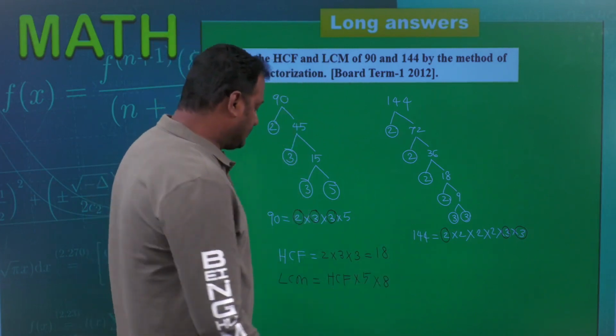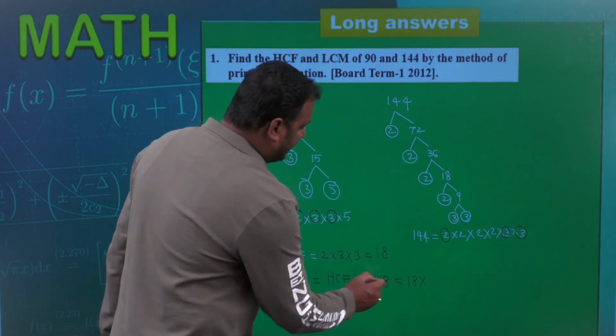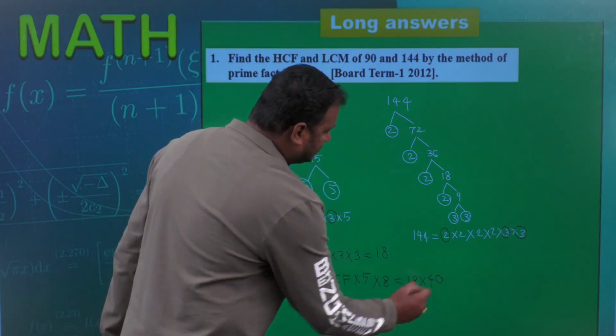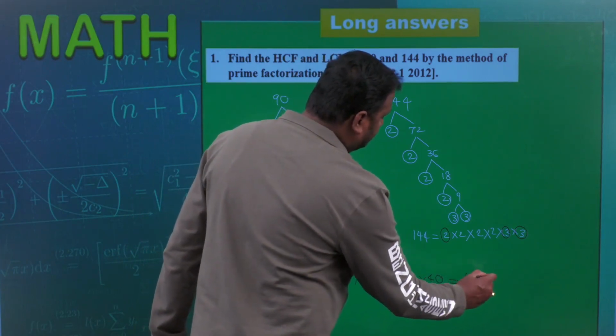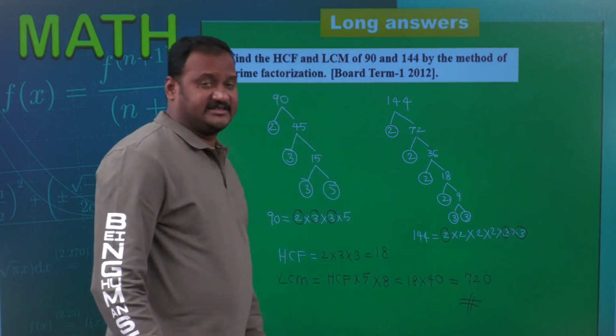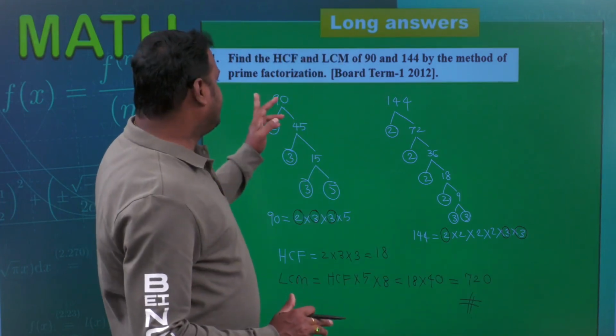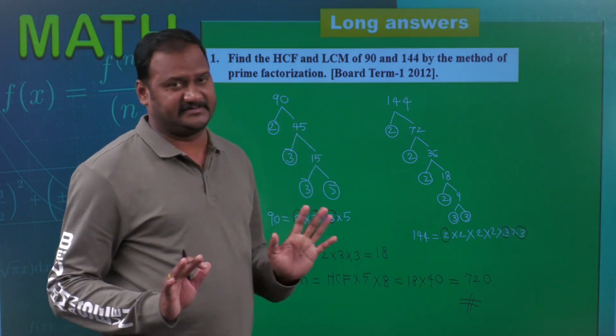Got it? So now LCM is equal to 18 into 5 8s are 40. So that 18 into 40 is equal to 18 4s are 72 and then one more 0, that is 720. This is the way of finding HCF as well as LCM of the given two numbers by prime factorization method.